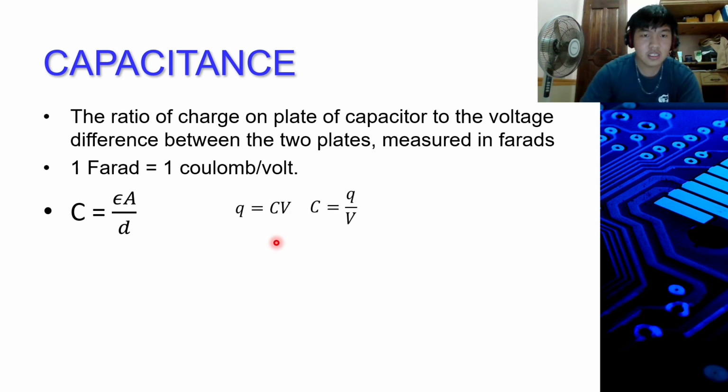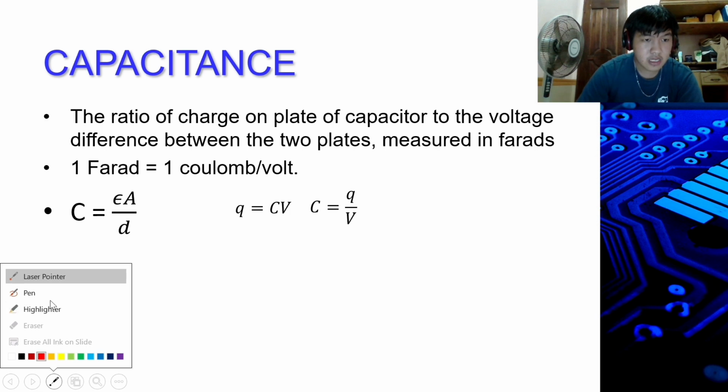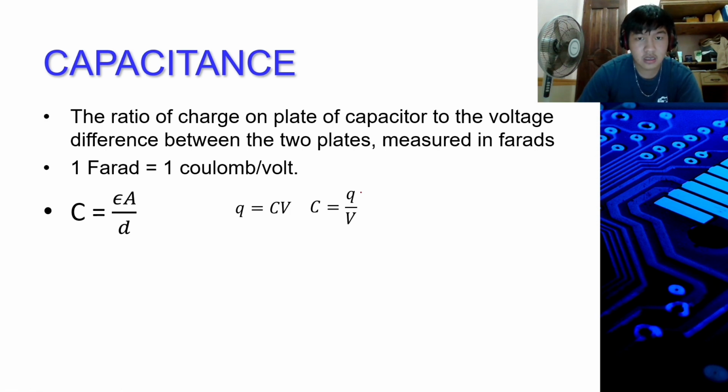Using the formula Q is equal to CV, we can solve for capacitance, which is equal to Q over V. Therefore, using this formula, the higher the charge, the higher the voltage, but the lower the capacitance.